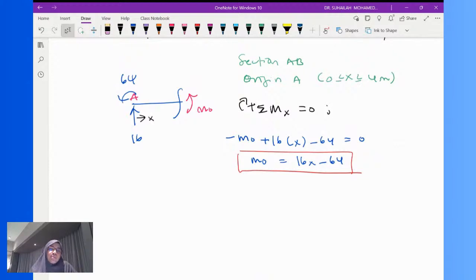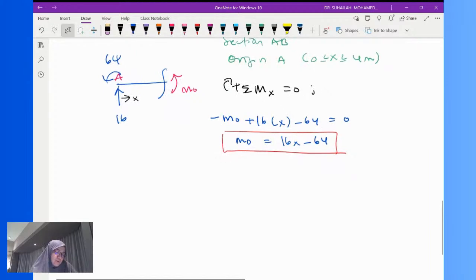It is not compulsory for you to show it in the calculation. So for section BC, X is like this. Moment clockwise, this is M naught. That's all, because it is a cantilever end.